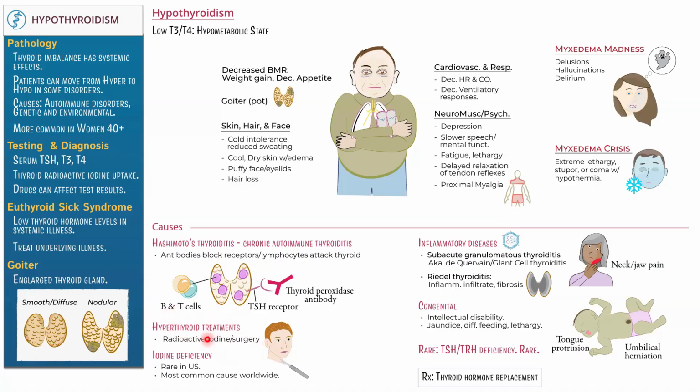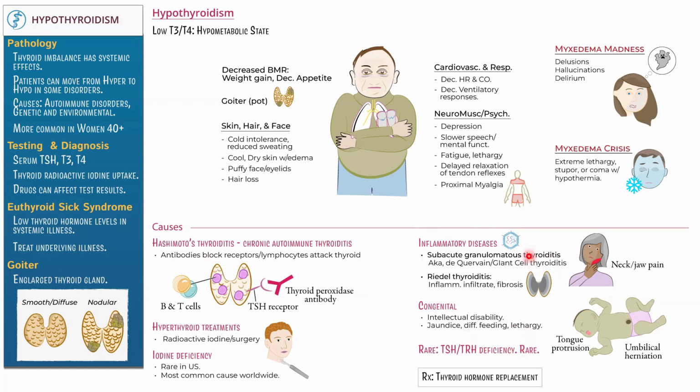They will lead to hypothyroidism. The other one is iodine deficiency. Otherwise, there are inflammatory diseases such as subacute granulomatous thyroiditis. And then some of them are actually congenital. So congenital hypothyroidism, which is actually rare.